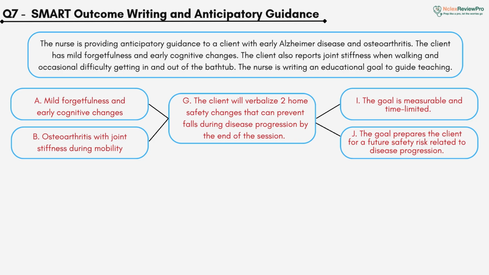Anticipatory guidance means the nurse is not only teaching for today's problem, the nurse is helping the client prepare for likely future risks. In this scenario, the priority risk is falls. Why? Because the client has early cognitive changes from Alzheimer's disease and mobility limitations from osteoarthritis. That combination creates a strong safety concern.